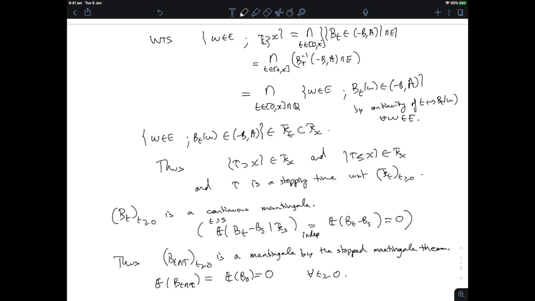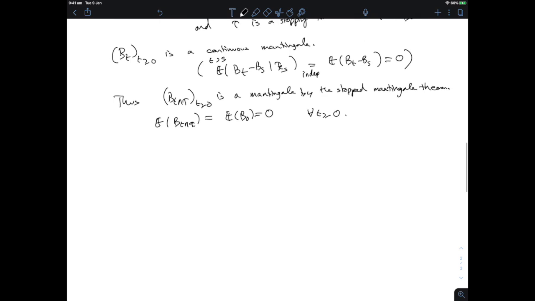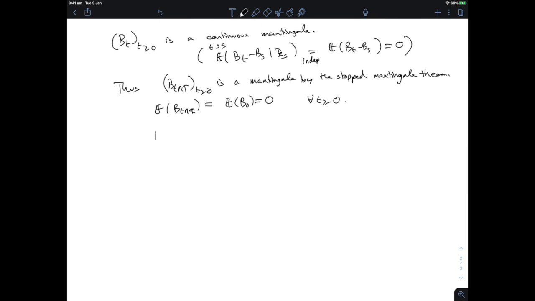Right, now can I get to the limit? Yes, I can. I should have said first, since tau is finite almost surely, t minimum tau tends to tau as t goes to infinity almost surely. Of course, because tau of omega, up to a set of measure 0, is going to be some finite number, so the minimum of that finite number and t, if you take t large enough, is just the finite number tau of omega.